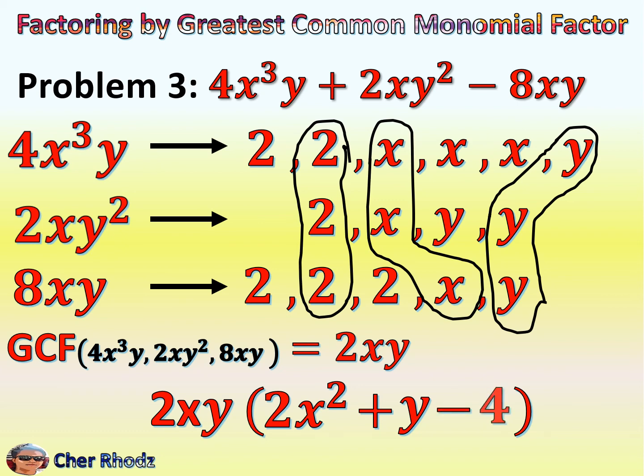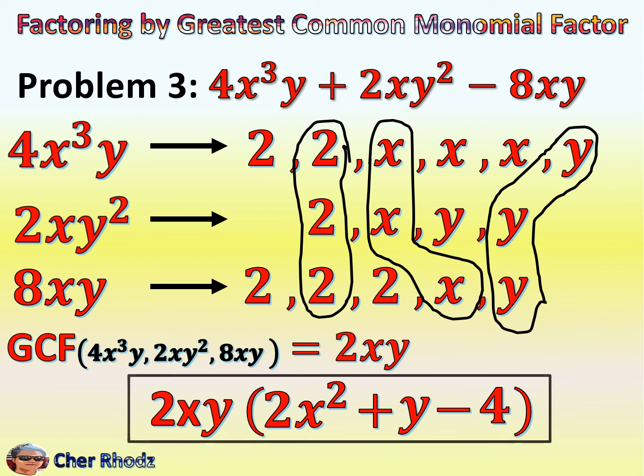That's why we have 4. So, therefore, the complete factored form of 4x cubed y plus 2xy squared less 8xy is 2xy times the quantity of 2x squared plus y less 4.